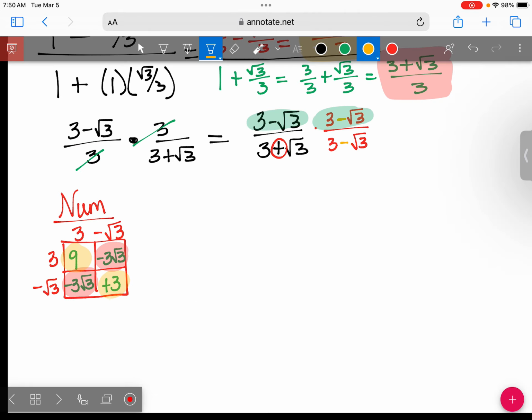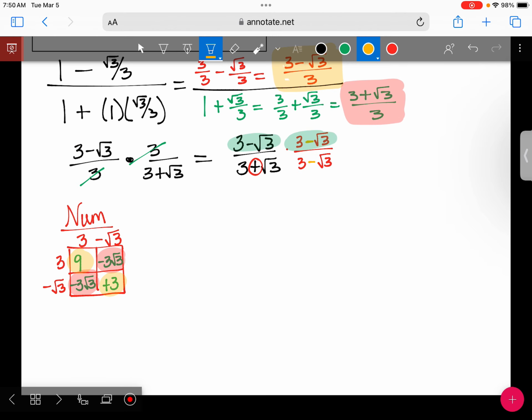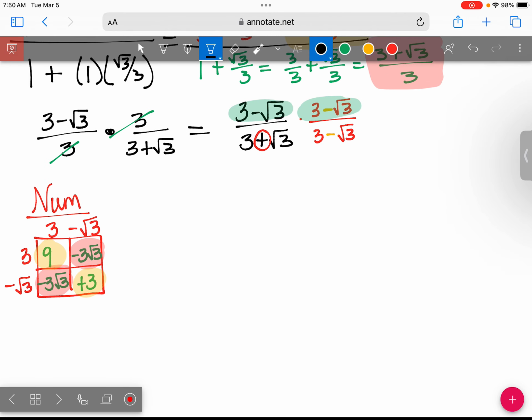So my numerator, let's see, where am I going to write that? I'm going to write it over here. My final answer. All right, so my numerator would be negative 6 root 3 plus 12. That's my numerator. So now let's figure out our denominator.